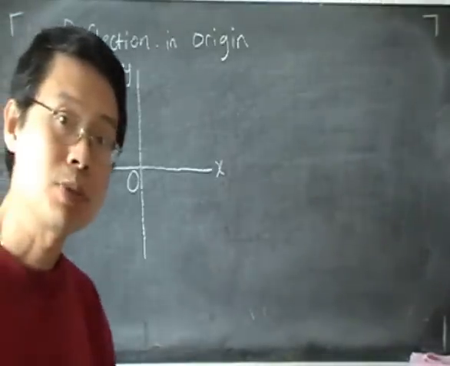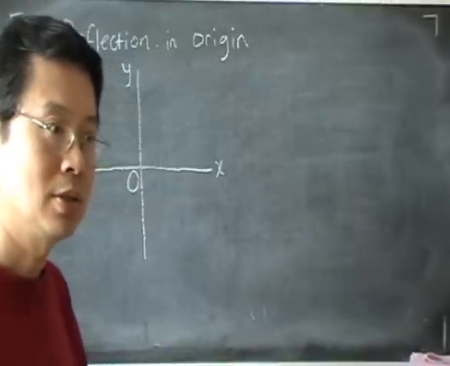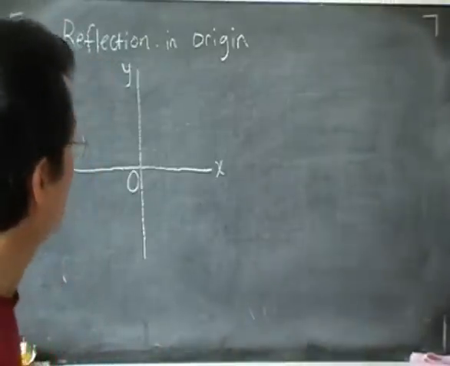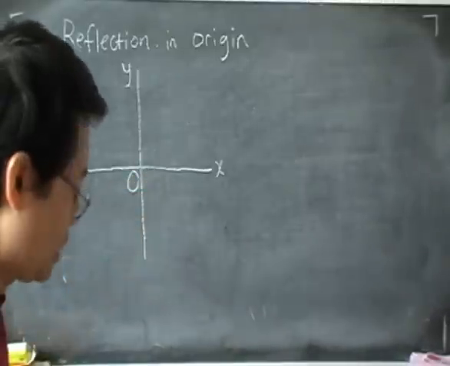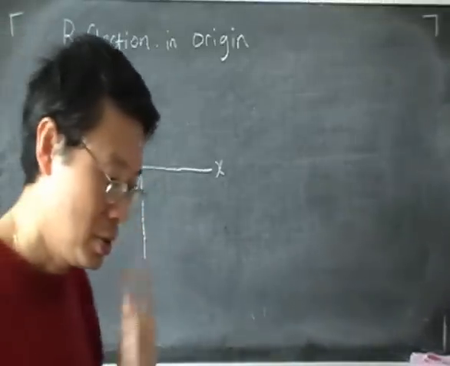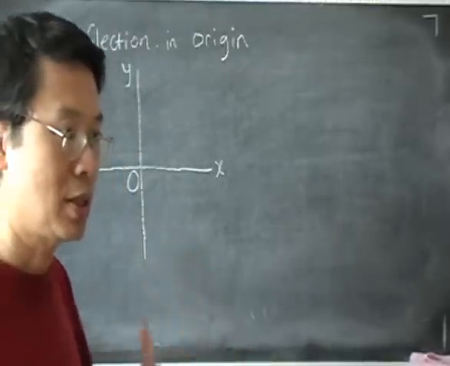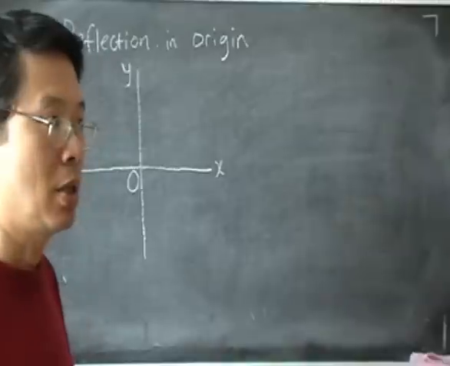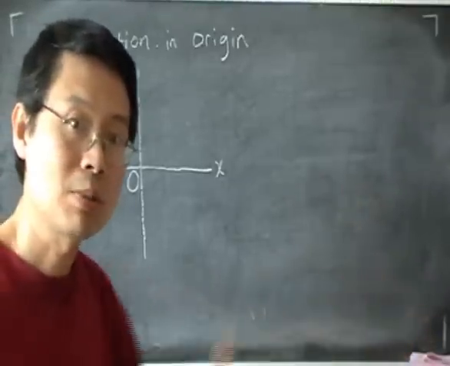Well, this is not something we can actually see easily in real life. Now the idea is that in mathematics we think of reflection as something that gives you an image which is at an equal distance behind some mirror.